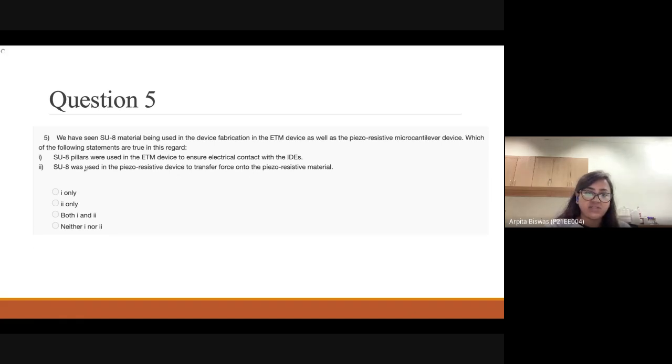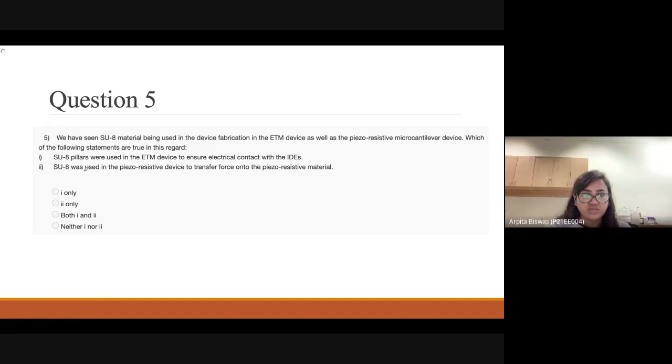We have seen the SU8 material being used in the device fabrication in the ETM device as well as the piezoresistive microcantilever device. Which of the following statements are true in this regard? The first option is SU8 layer was used in the ETM device to ensure the electrical contact with the IDEs.